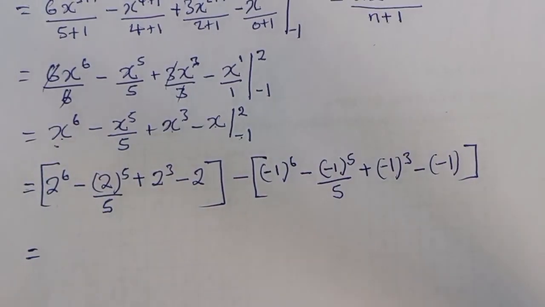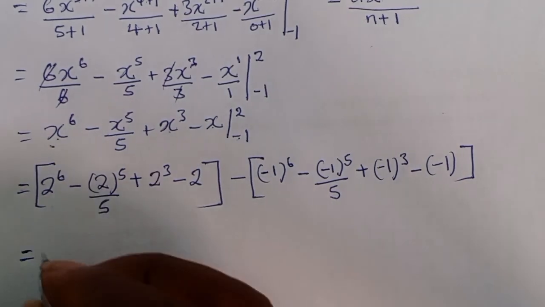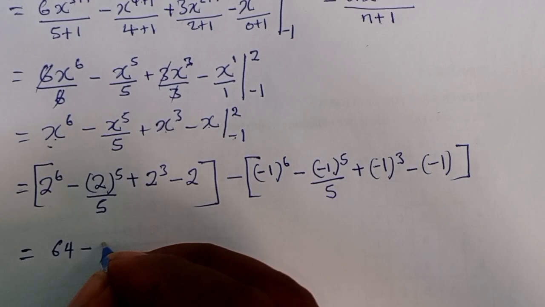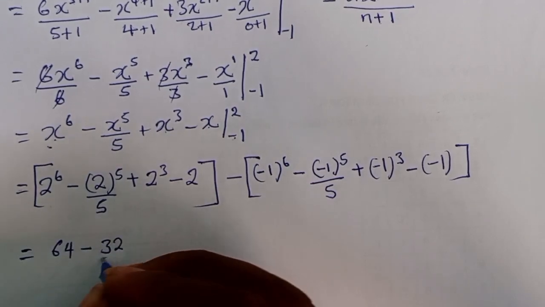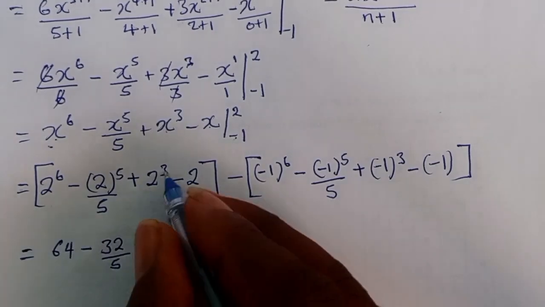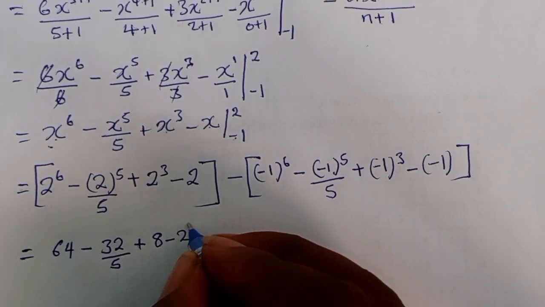So from there, 2 to the power 6 is 64, minus 2 to the power 5, that is 32, over 5, plus 2 to the power 3, that is 8, minus 2.